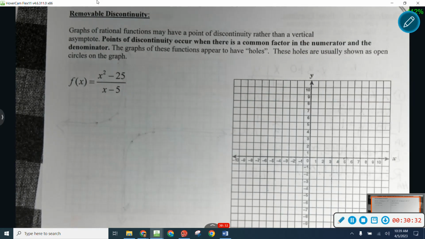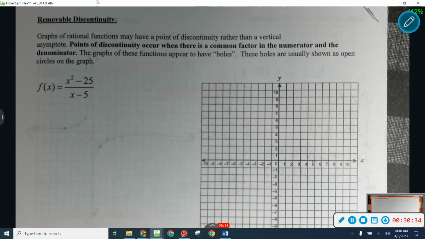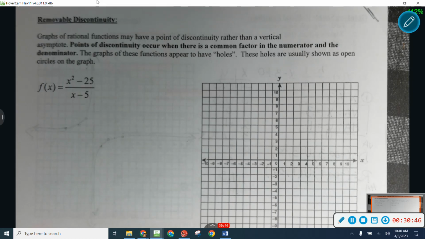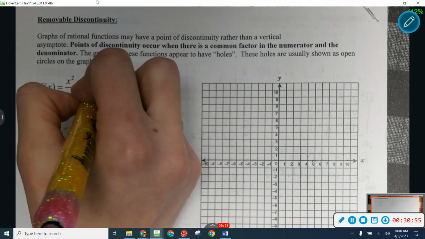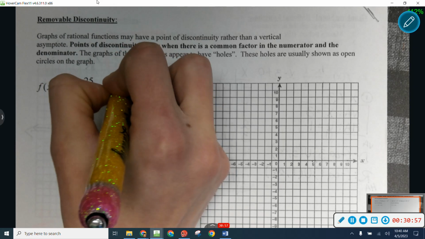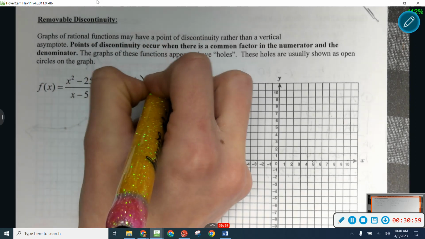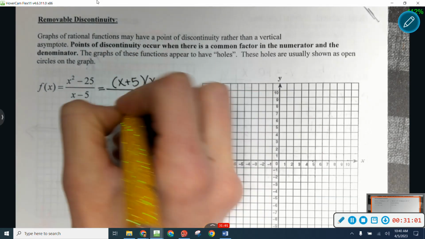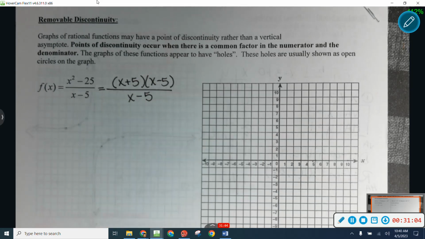So with rational functions, you have the possibility to have a removable discontinuity. Okay? So what happens is if I give you a function and I can factor it. If I have x squared minus 25, I should automatically recognize that that's the difference of two squares. So that could factor x plus 5 times x minus 5 all over x minus 5.